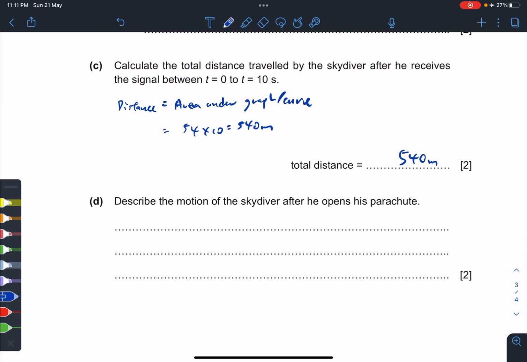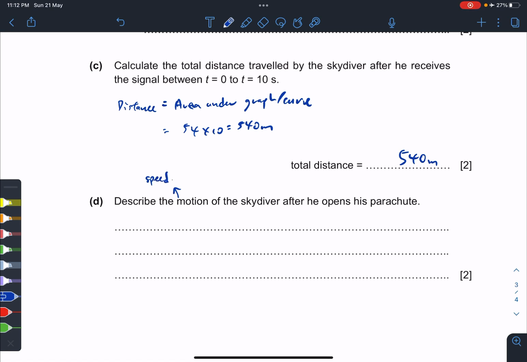1D is describing motion. If you recall, I said before this is the type of question that students don't do well, but it always comes out, the motion. So motion can refer to two things. First thing is usually the speed.